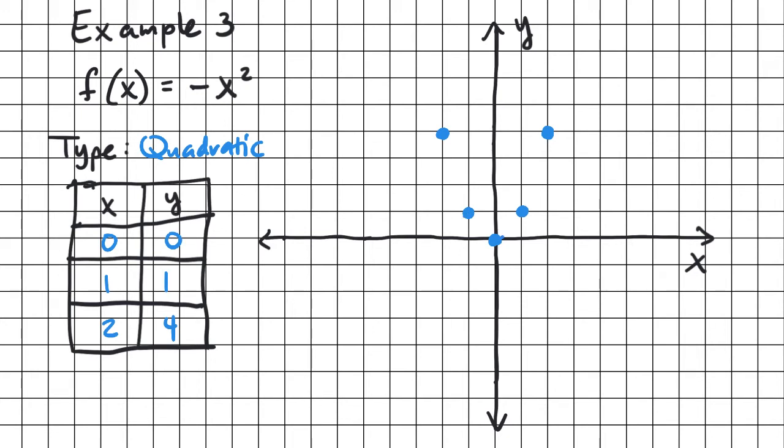And then the graph does something like this, right? Okay. And then next question is, what type of reflection do I have? Well, the negative is in front or outside.